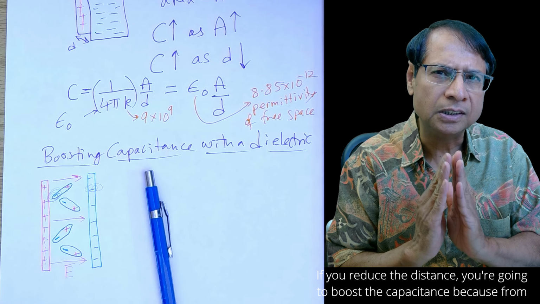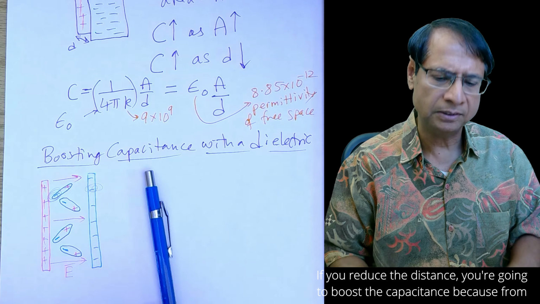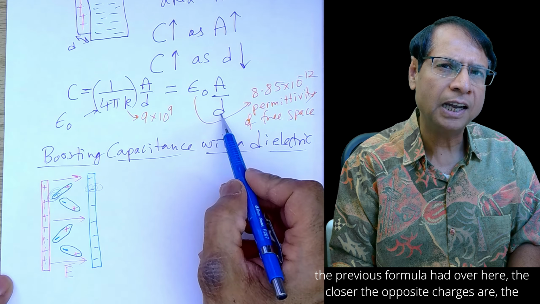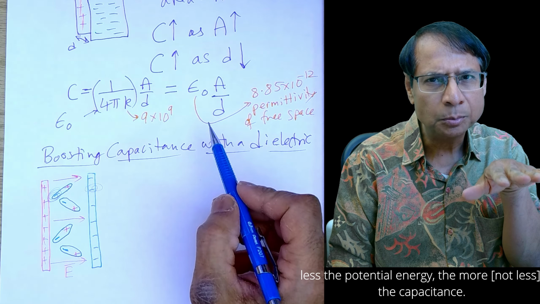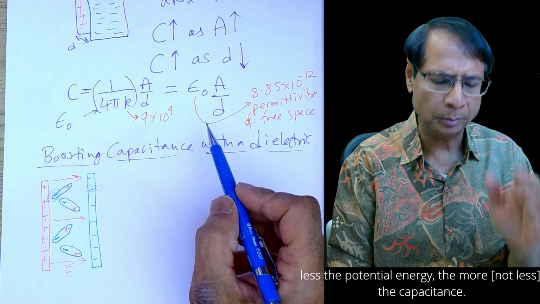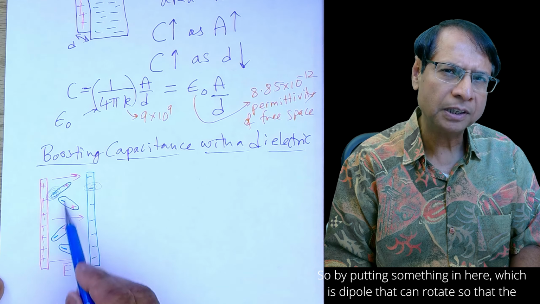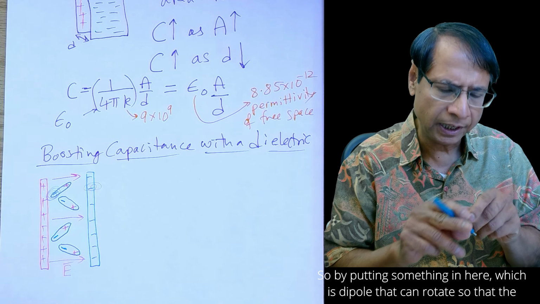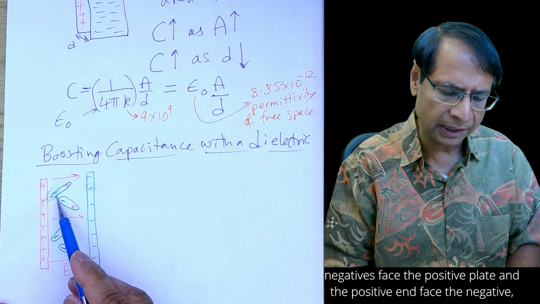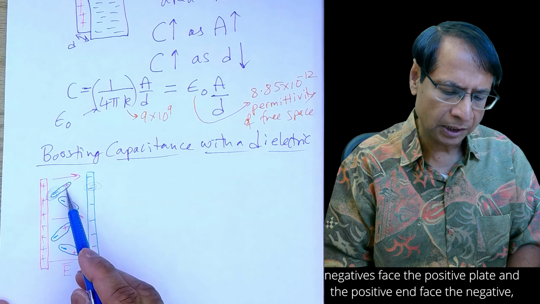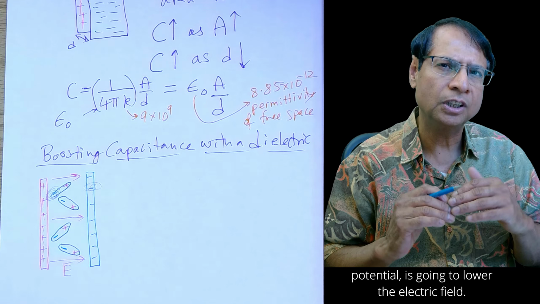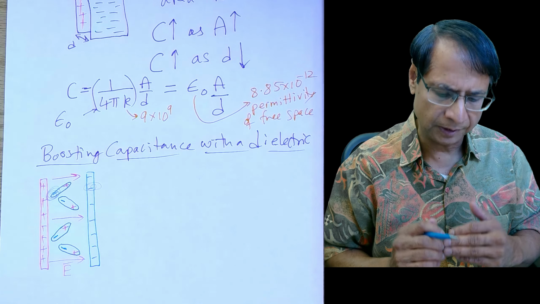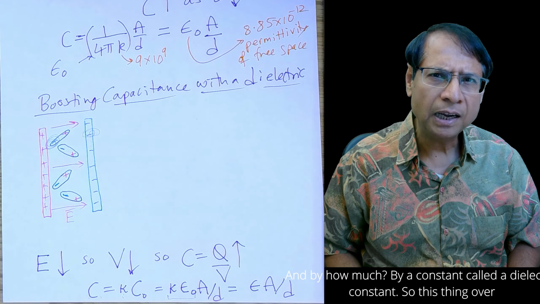If you reduce the distance, you're going to boost the capacitance, because from the previous formula, the closer the opposite charges are, the less the potential energy, the more the capacitance. So by putting in dipoles that can rotate, so that the negatives face the positive plate and the positive ends face the negative, that's going to lower the potential, lower the electric field. And by how much?